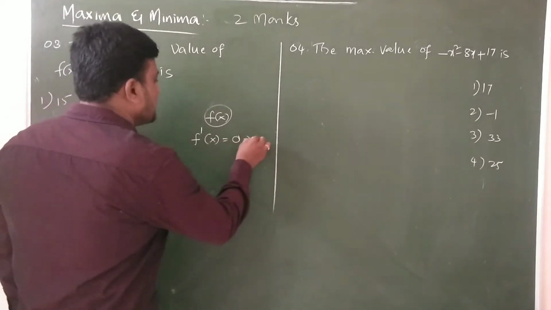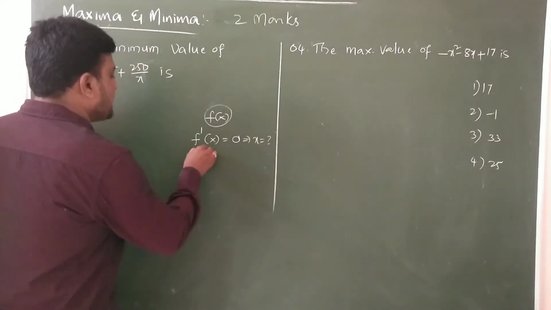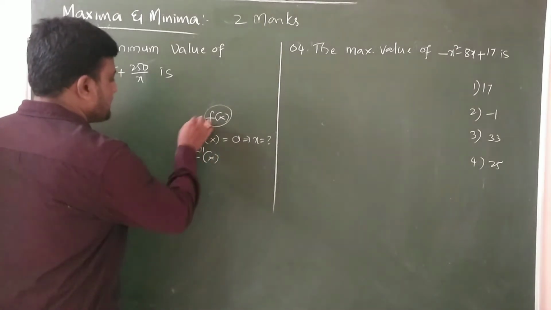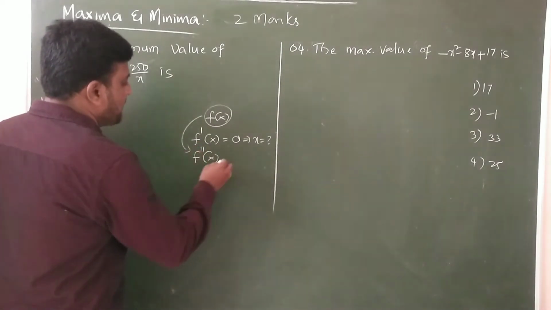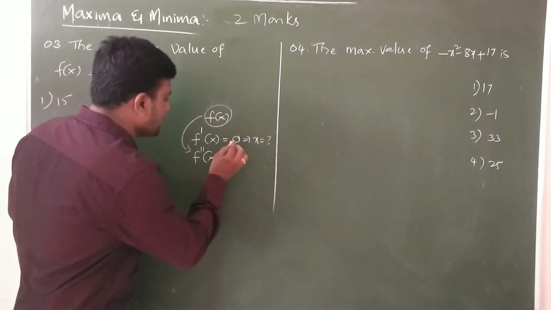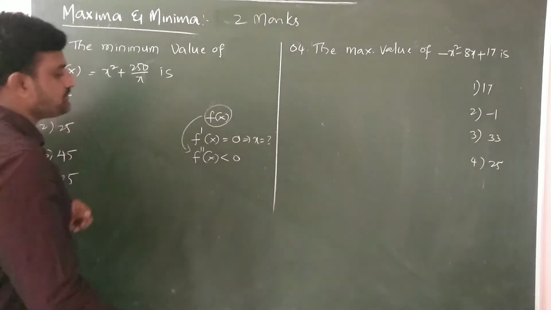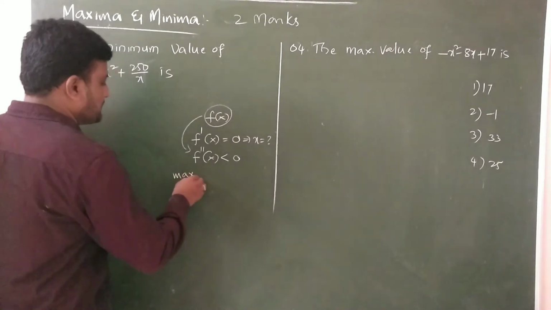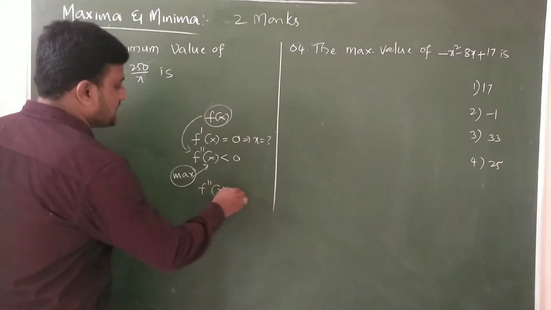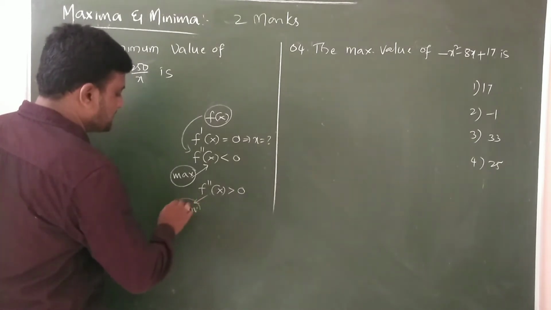Then we will get the stationary point x equals, and also find the differentiation of f dash of x, so overall we find f double dash of x. Suppose f double dash of x is less than 0, then the function has maximum value. If f double dash of x is greater than 0, the function has minimum value.